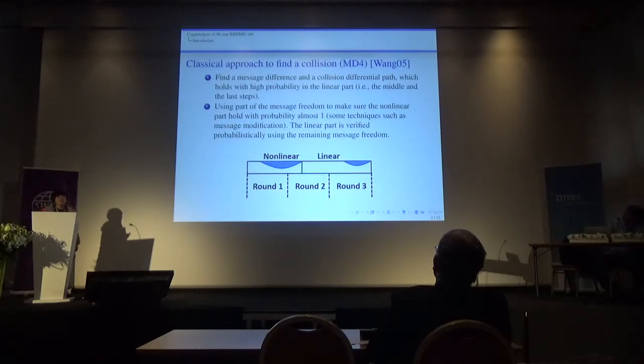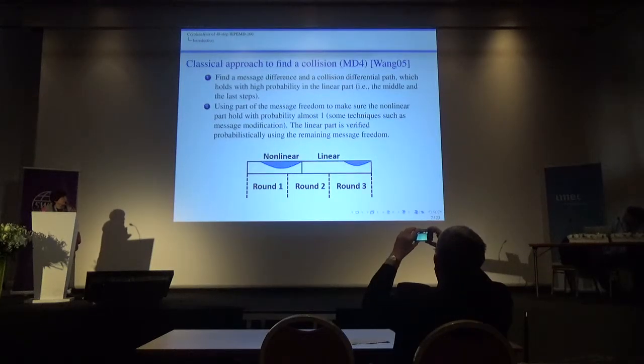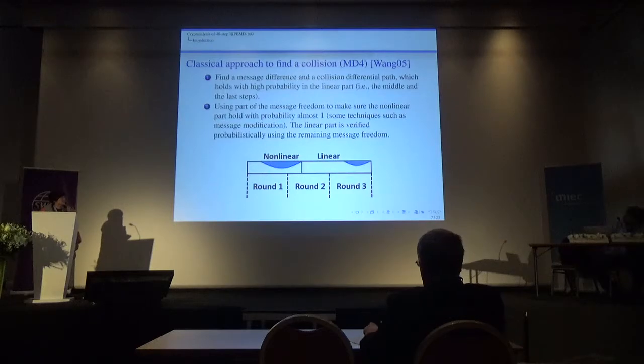The first step is to choose a proper message difference and get a collision differential path, which holds with high probability in the linear part, in the middle and the last steps. Then use part of the message freedom to make sure the non-linear part holds with probability almost 1. There are some techniques to realize it, such as message modification. The linear part is verified probabilistically using the remaining message freedom.